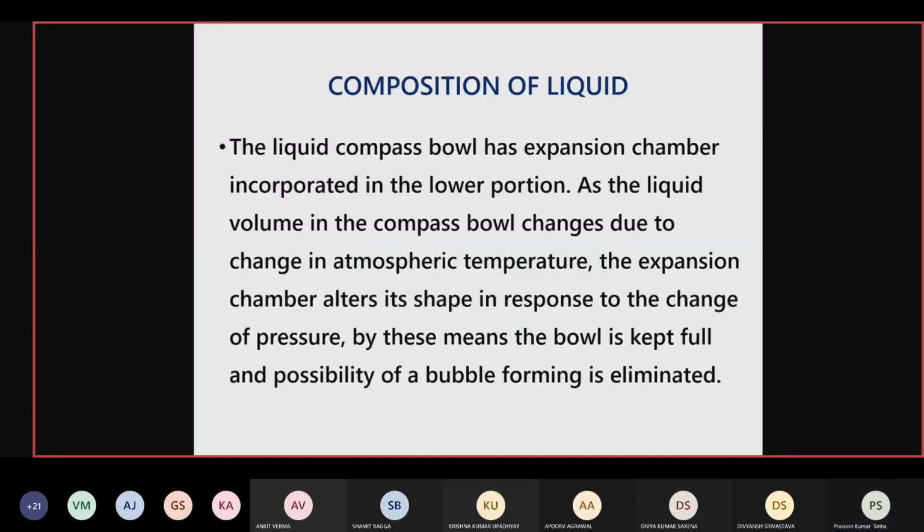Next. As we have already seen, there is a diaphragm to absorb expansion, and below it there is a chamber made, the expansion chamber. That takes a little bit of expansion, absorbing the expansion of the liquid.